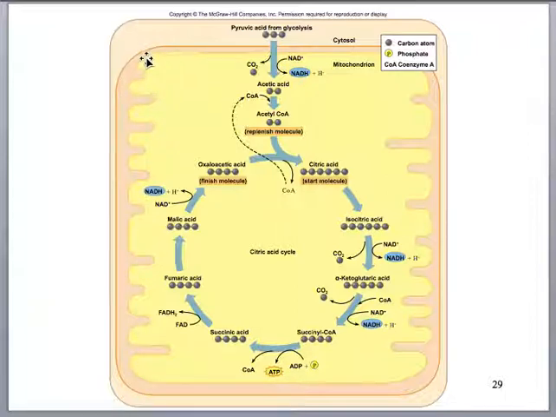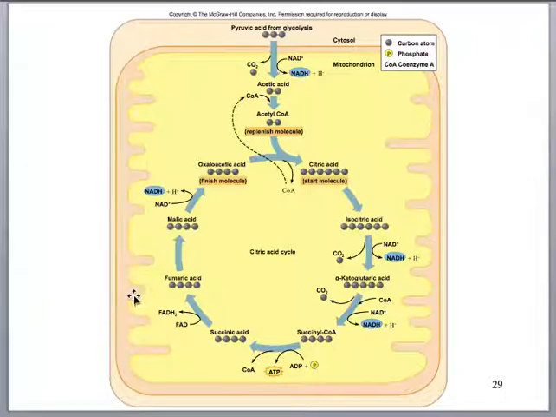Okay? You'll notice that the inner membrane is very, very highly invaginated. The reason for that is because the proteins that carry out the electron transport chain are embedded in this inner membrane. So this folding gives us more surface area, meaning more electron transport chain machinery, okay?